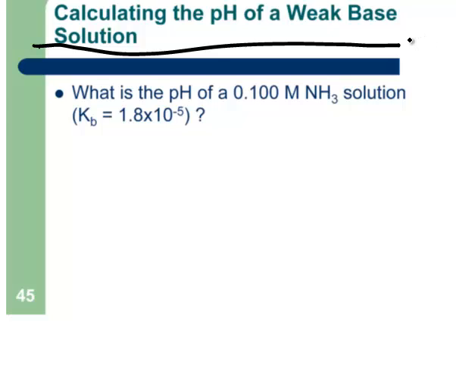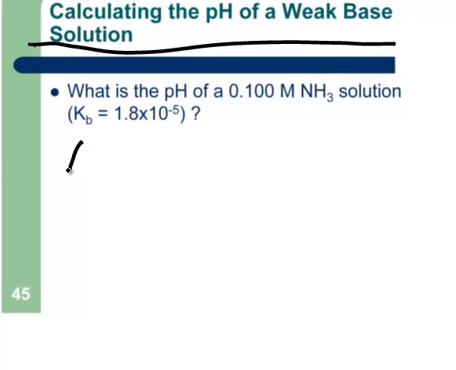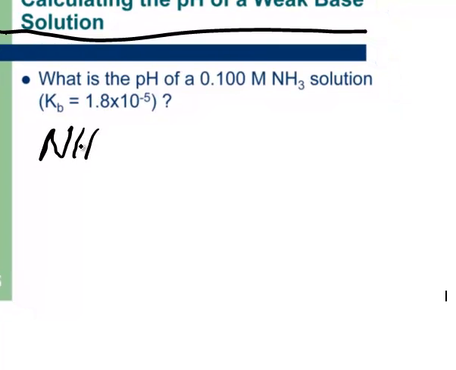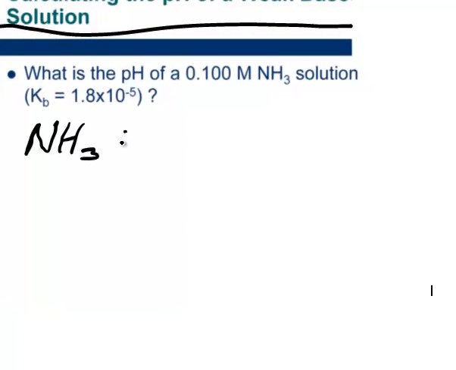What a weak base will do when you put it in water is undergo what's known as hydrolysis, which simply means the splitting of water. For instance, ammonia is a weak base with which you should be familiar. I'm going to write the reaction that ammonia undergoes in water.